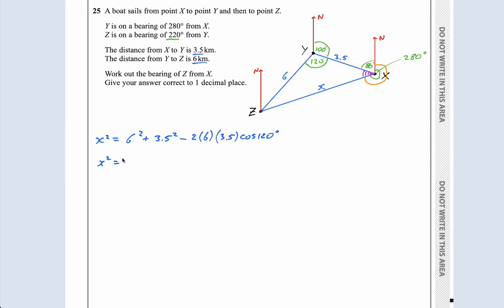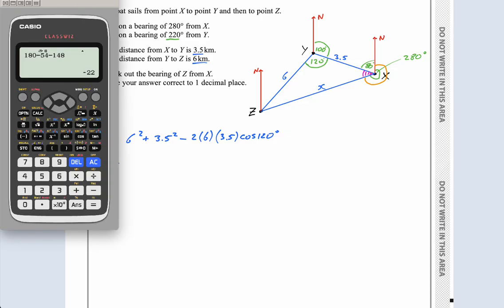So let's do all of this on the calculator, guys, in one go. 6 squared plus 3.5 squared minus 2 times 6 times 3.5 times cos of 120, 277 over 4.